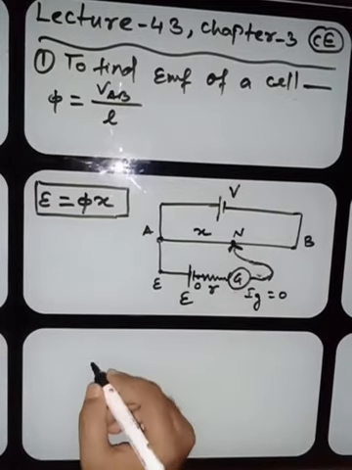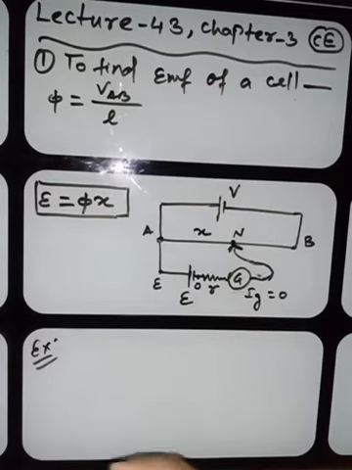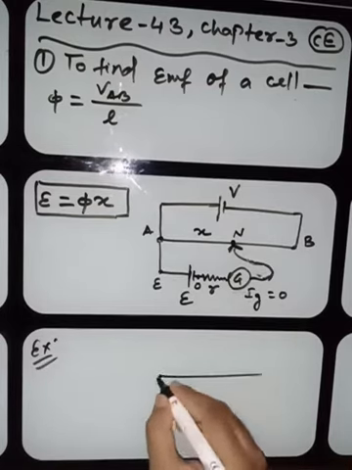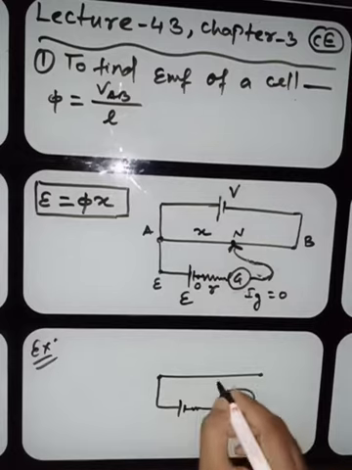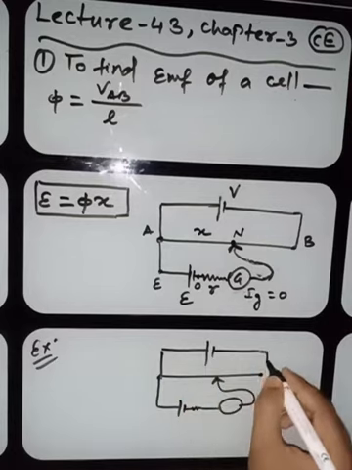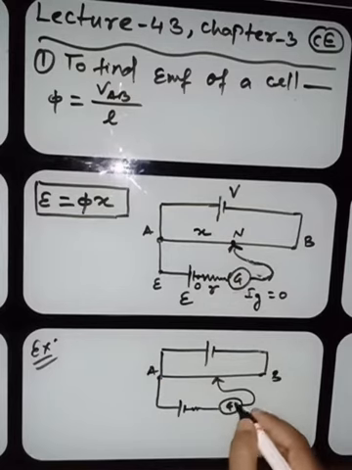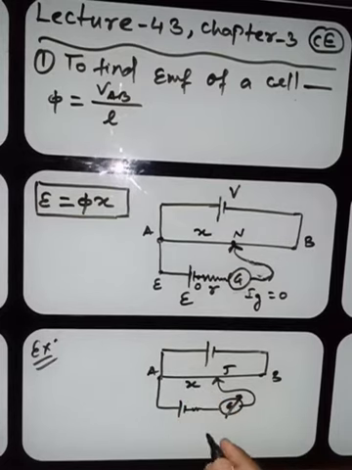So the first question, students, is a very important question. Remember the question. This is your potentiometer wire, battery, internal resistance, galvanometer, driving cell, AB, galvanometer, this is the jockey, this is the balance length, EMF, internal resistance.